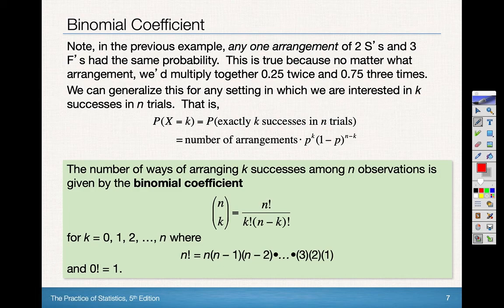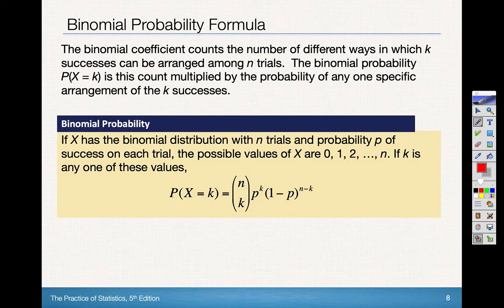So this is a combinations question where you have the combinations the event can happen times the probability of a success raised to how many successes times the probability of a failure raised to how many failures. This is called the binomial coefficient, but it is as simple as just a combination, n choose k.